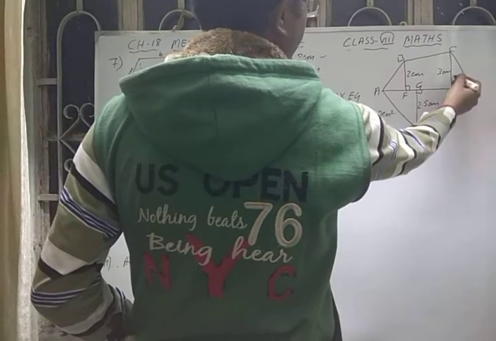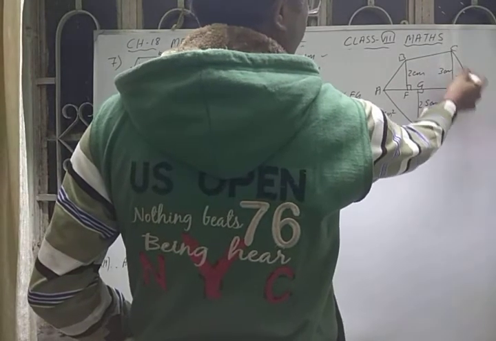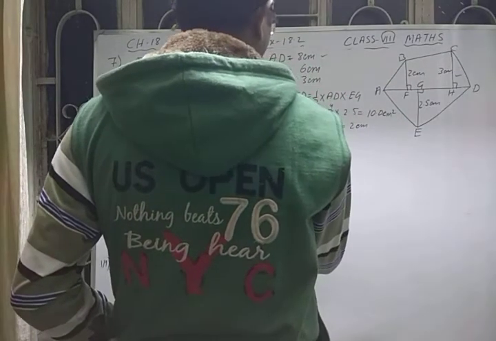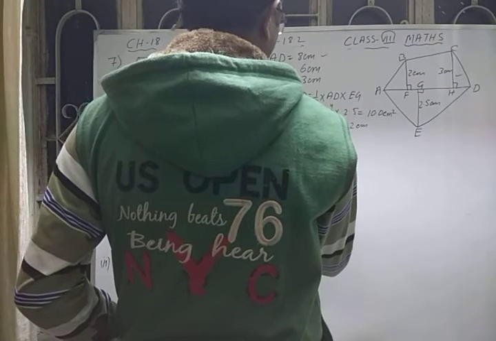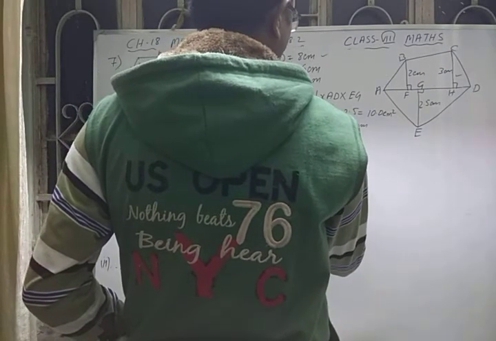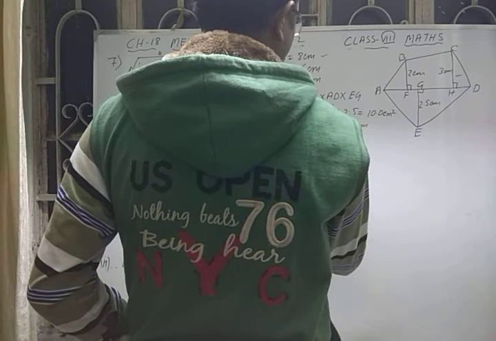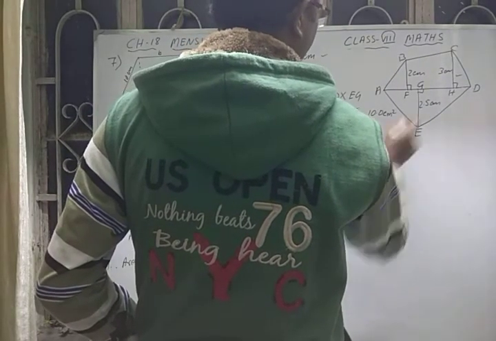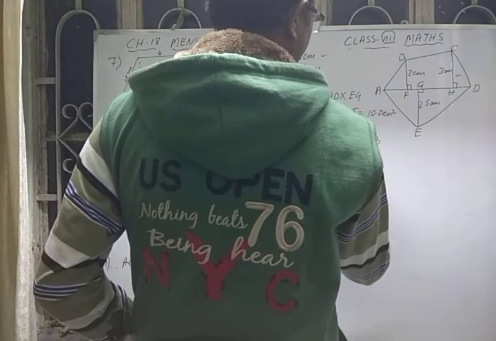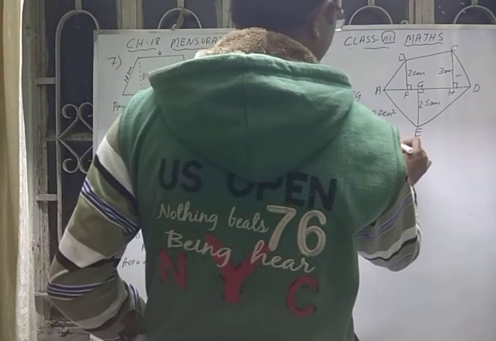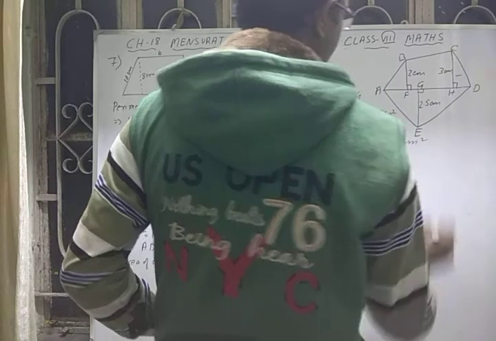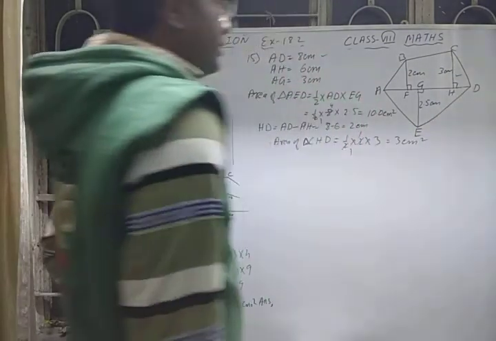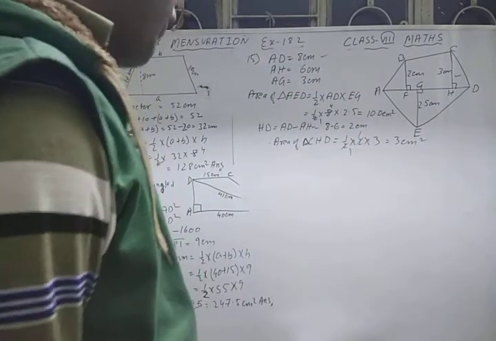Now you can find the area of this triangle because you have got the base and the height also. So area of triangle CHB is equal to half into base is 2 and height is given 3. So 2 and 2 cancel, that is equal to 3 centimeter square. So the area of this triangle is 3 centimeter square.